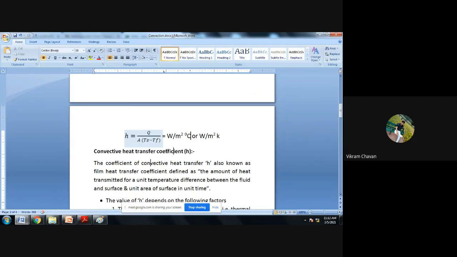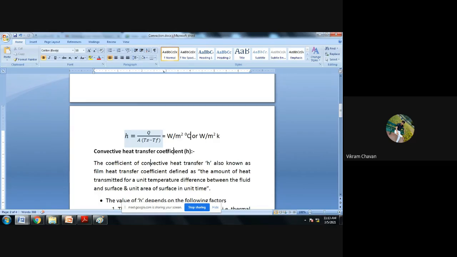There we defined thermal conductivity by considering the surface area perpendicular to heat transfer as a unit surface area, the temperature difference between the two surfaces as a unit temperature difference, and the thickness of the slab as a unit thickness.